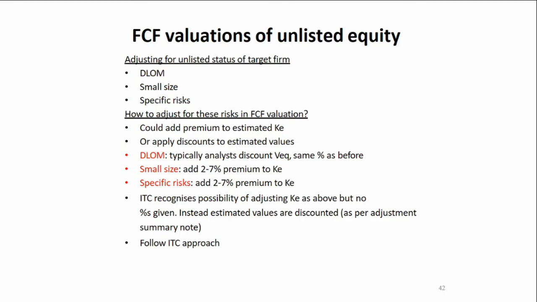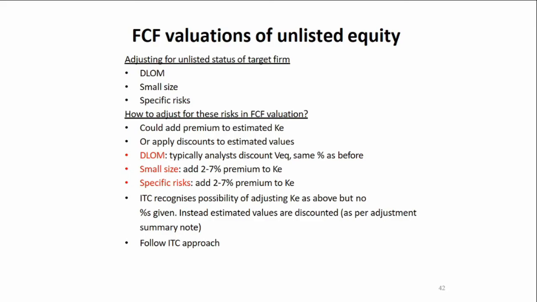Certain adjustments can be made when you are adjusting the beta of a listed company to determine the cost of equity for an unlisted company. You will discount for the fact that the listed shares are more marketable than the unlisted shares, so we are going to discount for the degree of lack of marketability. We can also make an adjustment if the listed company is larger than the unlisted company. Often unlisted companies will be smaller than their listed counterparts.